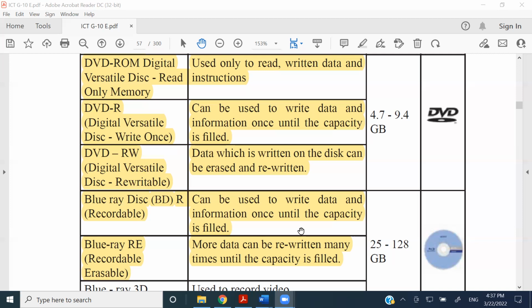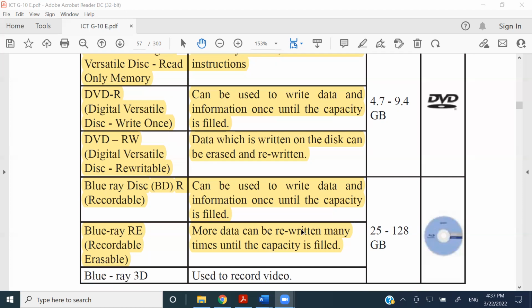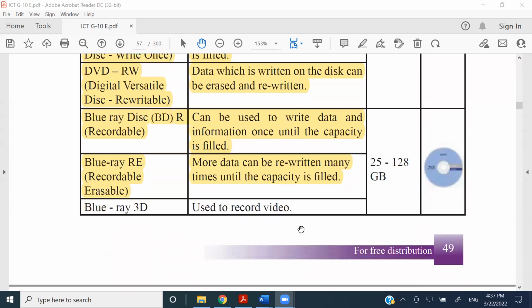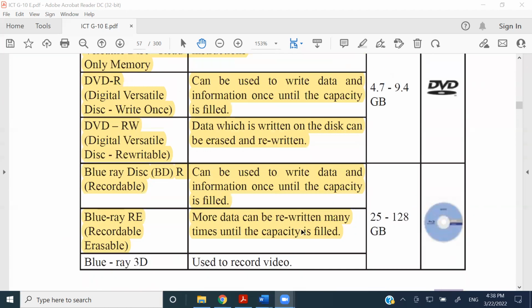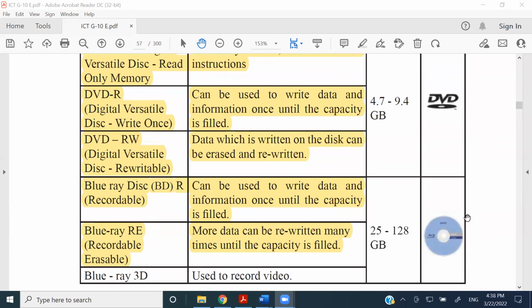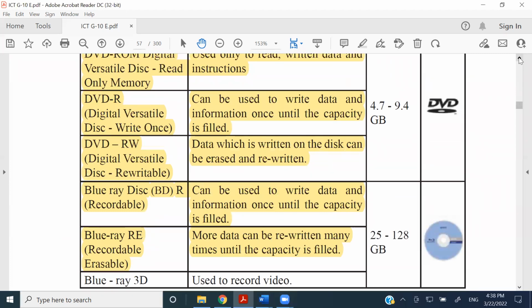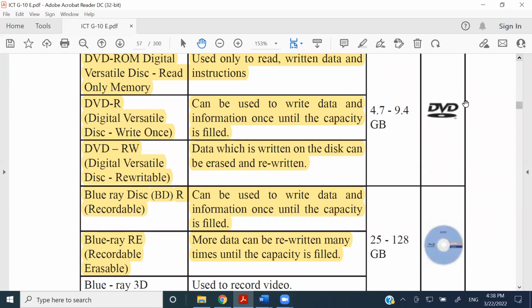I'm moving the table a little bit lower, so you can write the other line as well. And mention the capacities as well, like we did before.